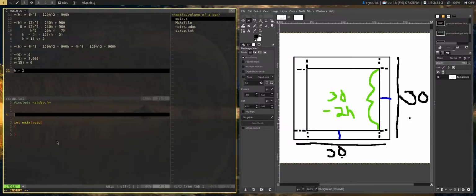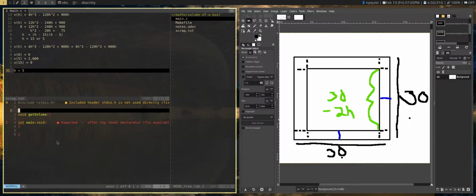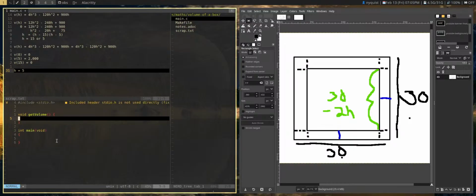So our variables can be, let's call it extent, for the width and the height, and then h will be like our length. So let's write a void main to solve and get the volume.